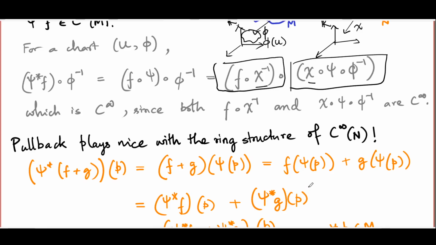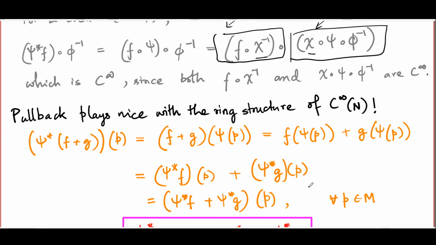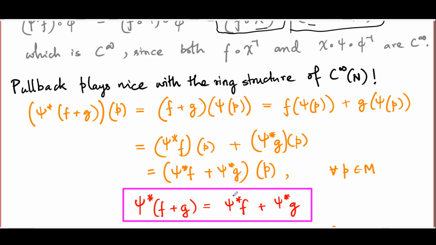So falling back on the definition of addition of functions once again, we see that this result is psi star f plus psi star g, this sum function, acting on the point p. And this works for all points p on the manifold M. Because this works for all points p, of course, this is actually a result about the functions themselves. So what we have is that if you pull back f plus g, the result is the pullback of f added to the pullback of g.